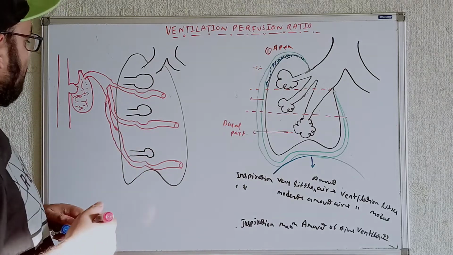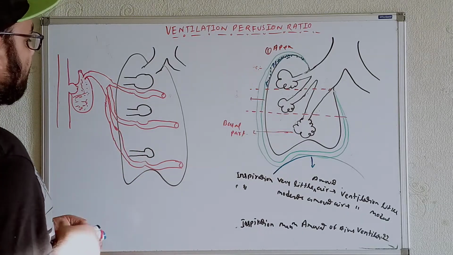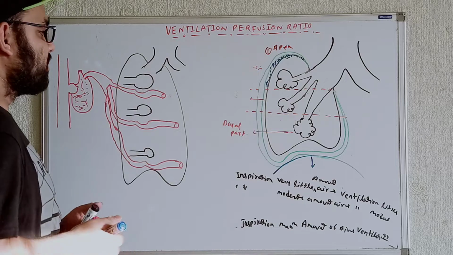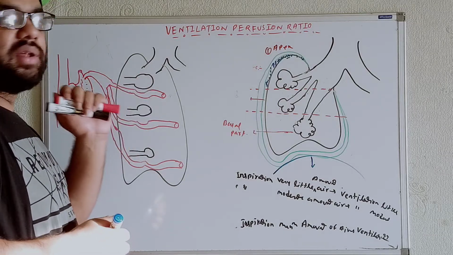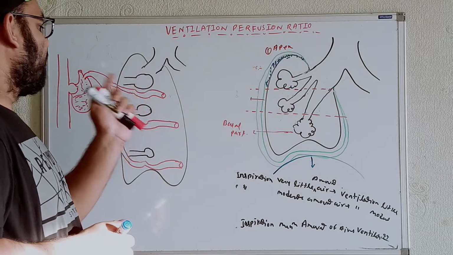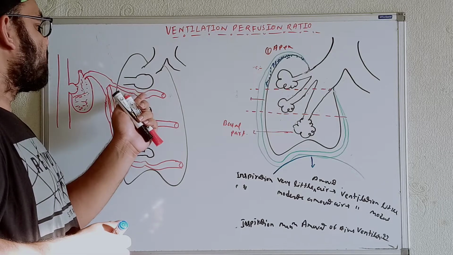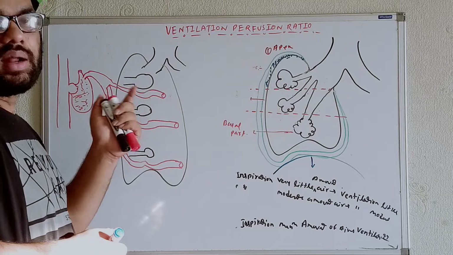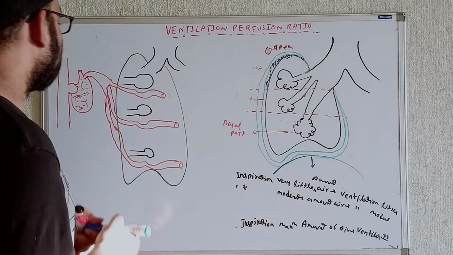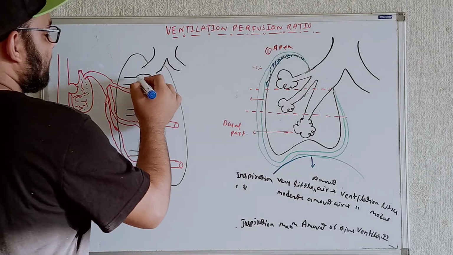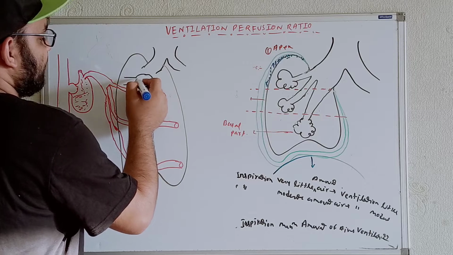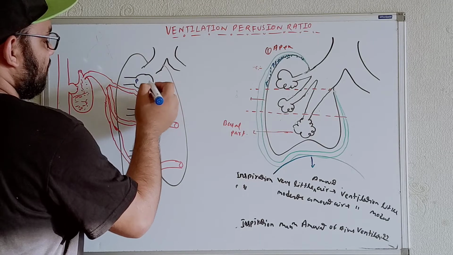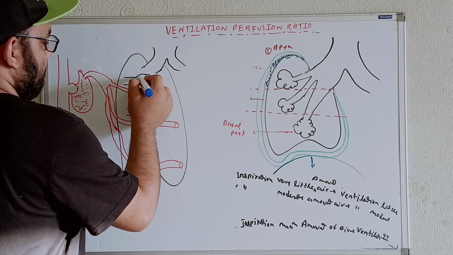Okay, see. So let's try to understand in terms of the perfusion. Whenever the air is coming over here, the air will be exchanged in terms of the oxygen and carbon dioxide. So definitely, what do you know, the partial pressure of oxygen is how much? Near about 100, right?